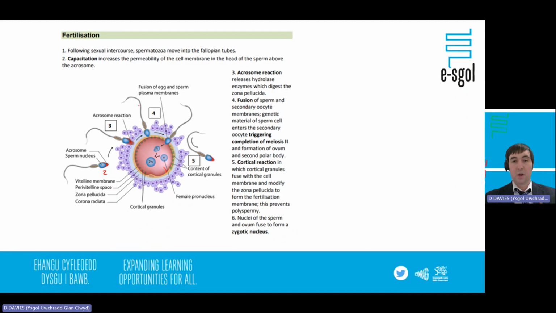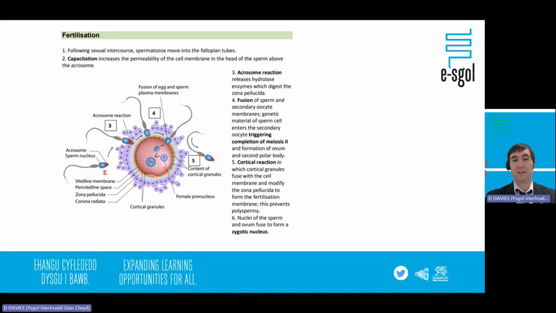What happens then, as those two join together, is the cortical reaction. Remember the cortical granules we were just talking about before? These fuse with the cell membrane and they change the structure of the zona pellucida, which prevents any more sperm entering. Often students ask, what if 2 sperm go in at once? That isn't possible. When one sperm enters, that completes a chain reaction: second meiotic division occurs, cortical reaction, that changes, we're done.